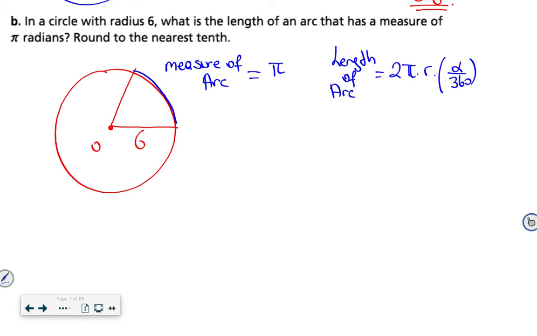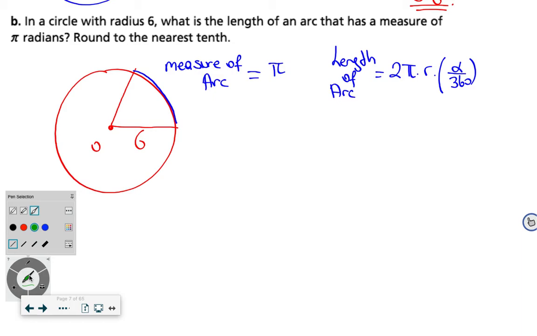In this question, the measure of the arc is given in radians. If you have the measure of the arc in radians, you can convert it into degrees. How? Degrees over 180 is equal to radians over pi.